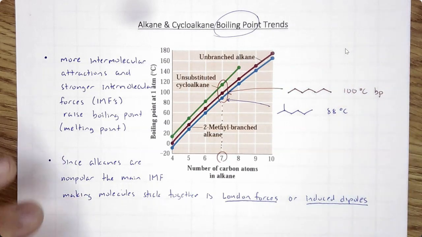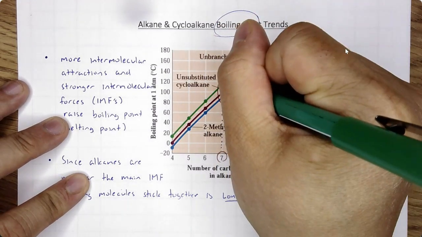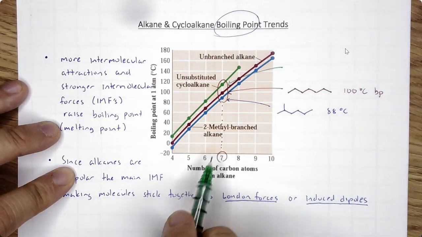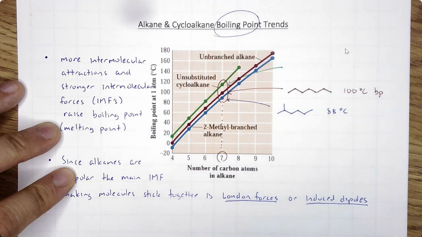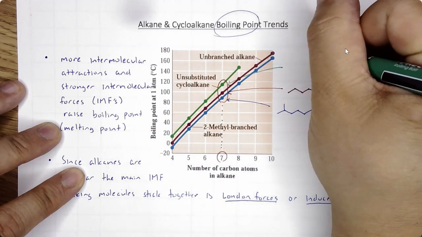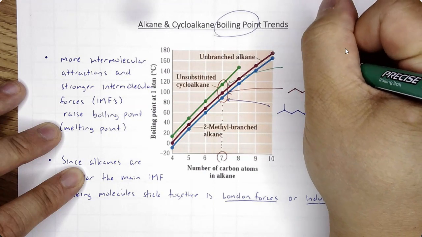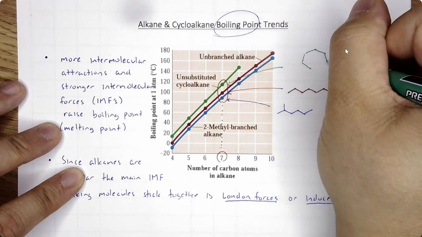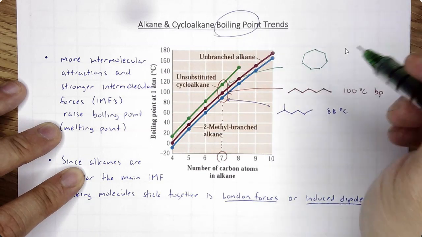The green, unsubstituted cycloalkane. Okay, maybe you're pretty good at drawing hexagons now, but I have a 7-carbon ring, 7-carbon cycloalkane. That is a little bit trickier to draw. Make a shallow roof, have these slanted walls, and then go to the floor like that. That should be 7 carbons.